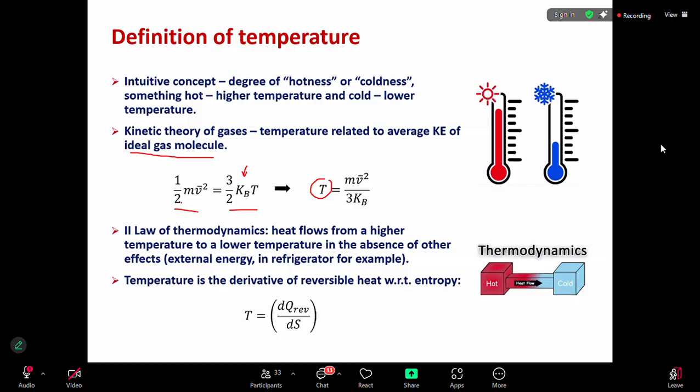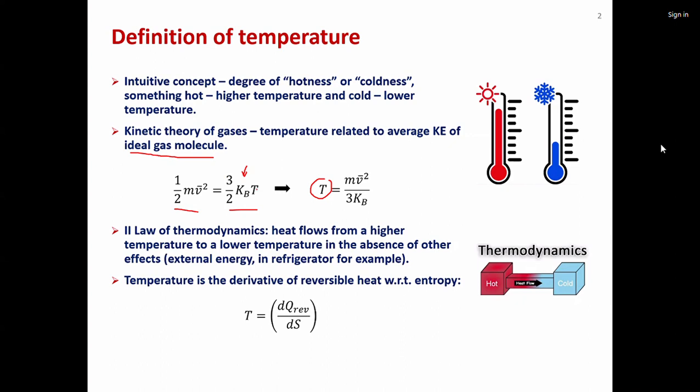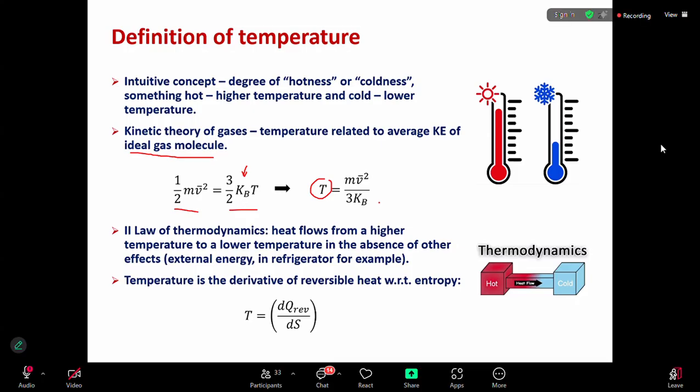The kinetic energy of the molecules is because of the thermal energy inherent in the gases. The thermal energy is expressed in terms of the Boltzmann constant times temperature. By equating the two, you can get an expression for temperature. Yes, there are assumptions in that.